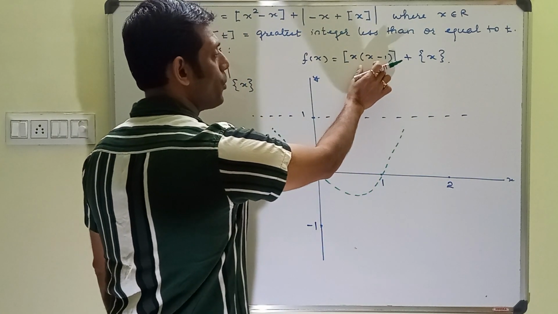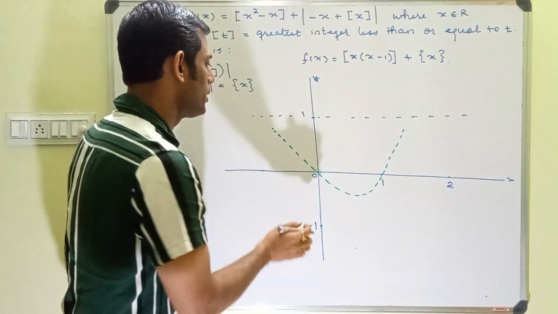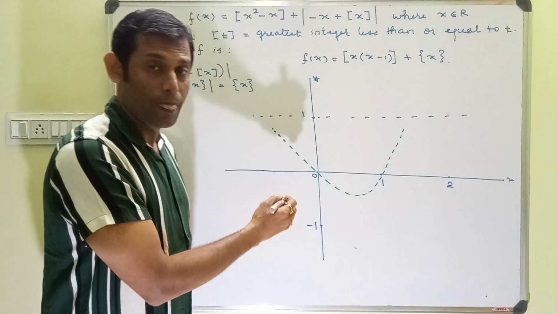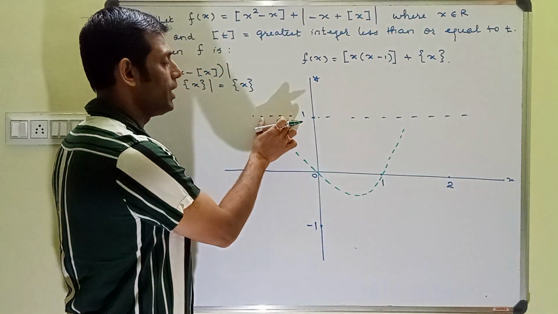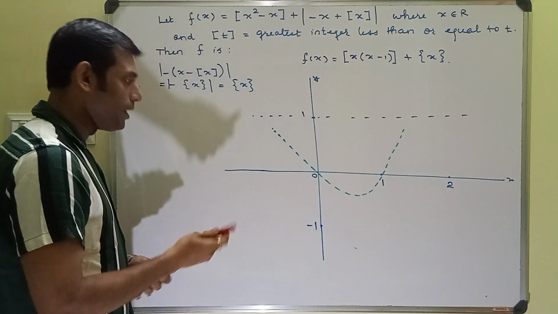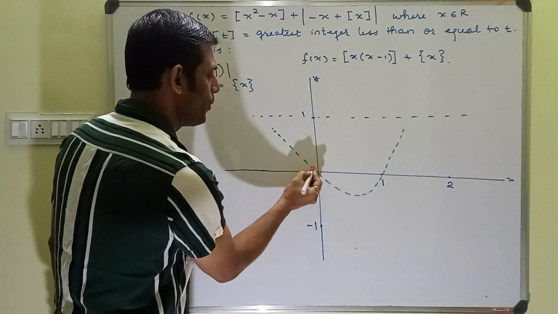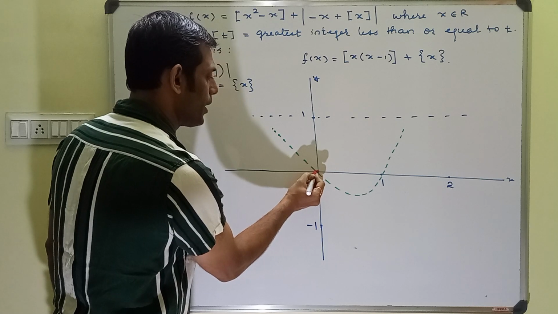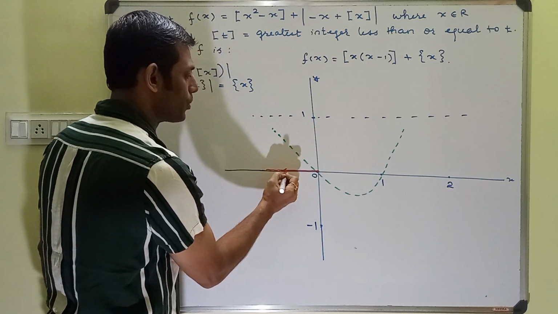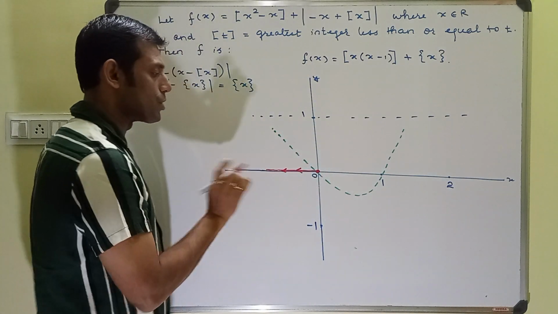Now on this quadratic, if I apply a box, the box here at least to the left of 0 will be equal to 0 because the level of 1 is not yet crossed, and that means this particular box value will be at 0 from x equal to 0 and to the left.